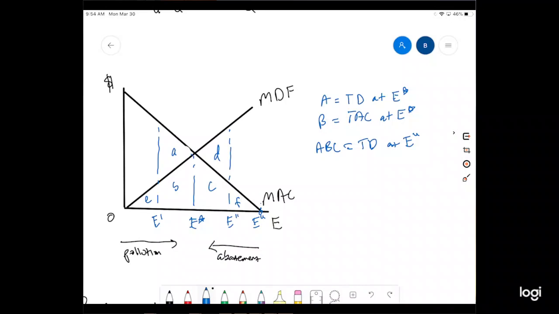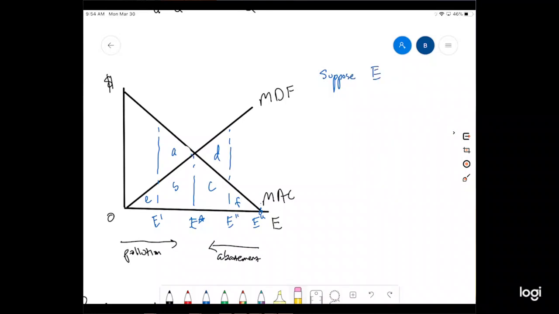All right, suppose we set E at E star. Emissions are equal to the efficient amount.